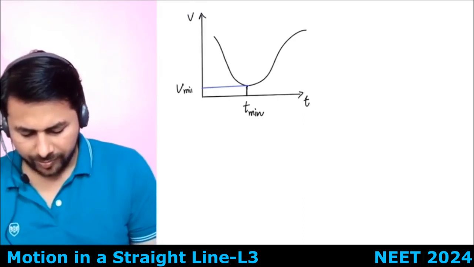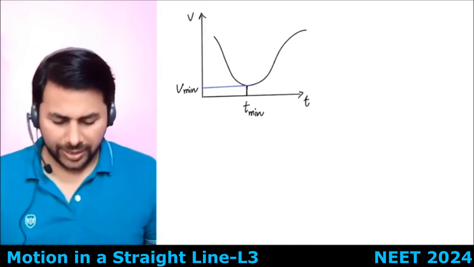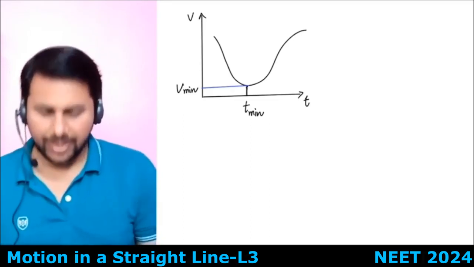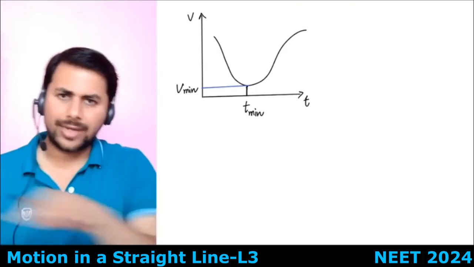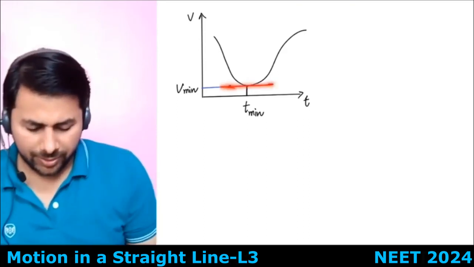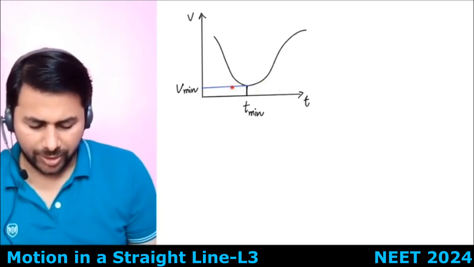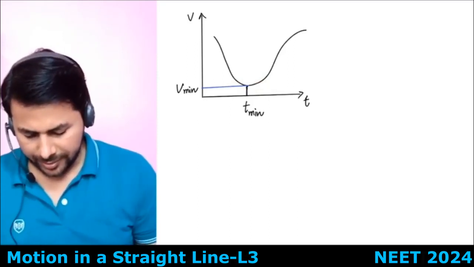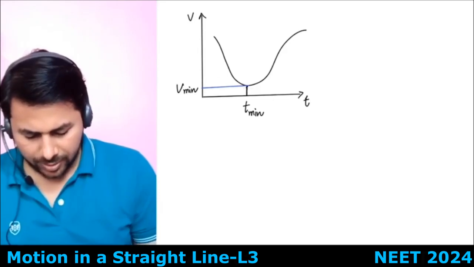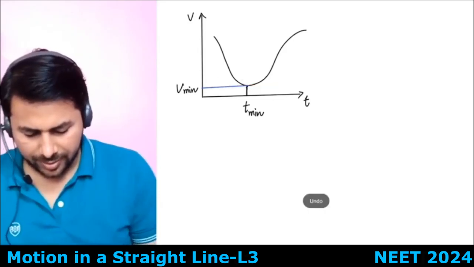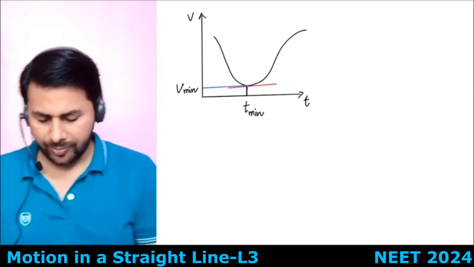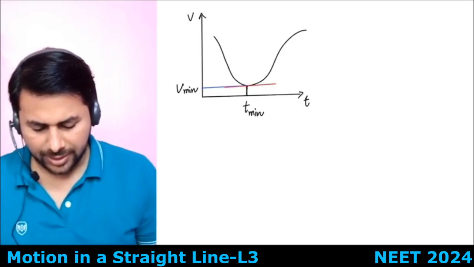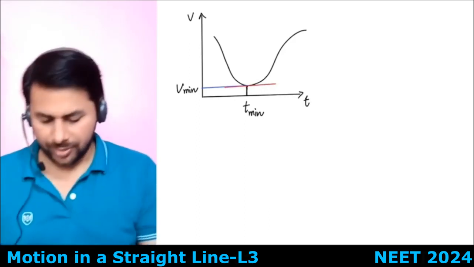So velocity is minimum at this point. You can say that the first derivative is 0 here also, because when it hits minimum, the acceleration is also 0, because if you take the derivative of velocity at this point, it is also 0, right? If I draw a tangent line here, its slope is also 0.